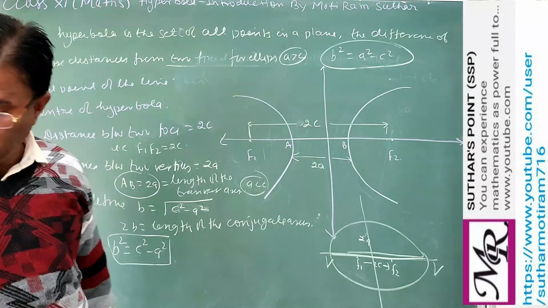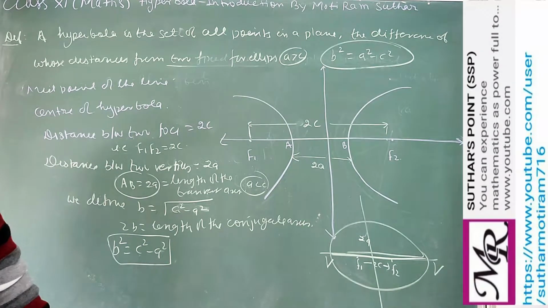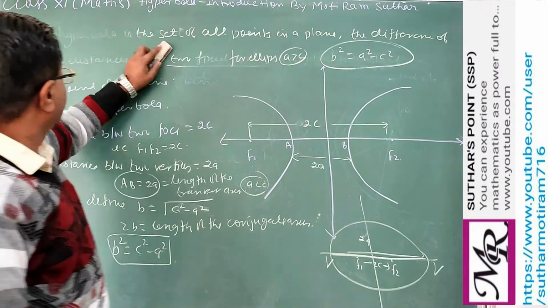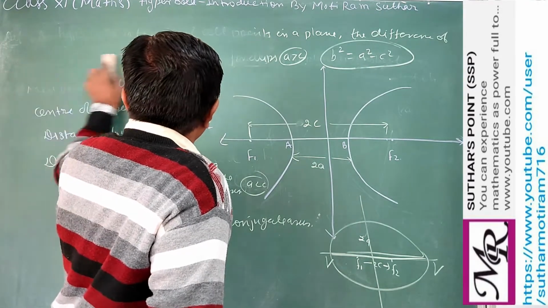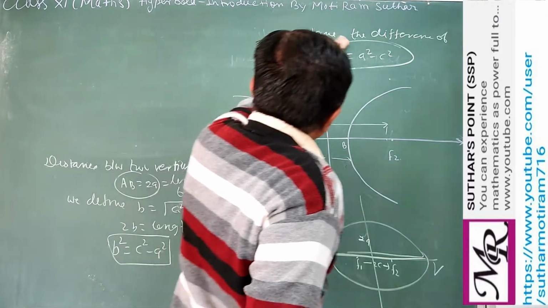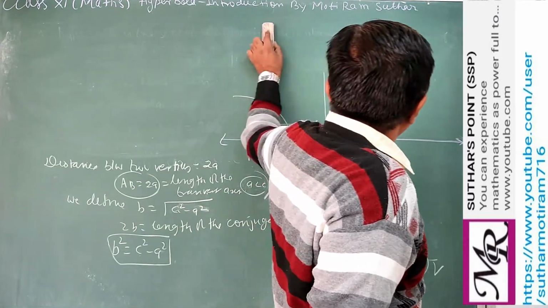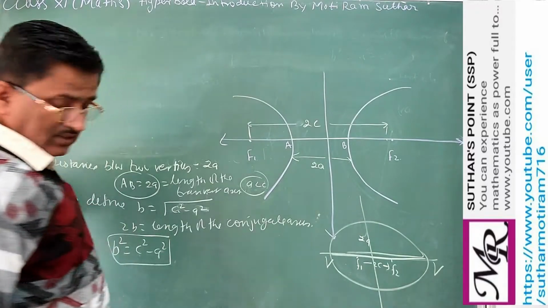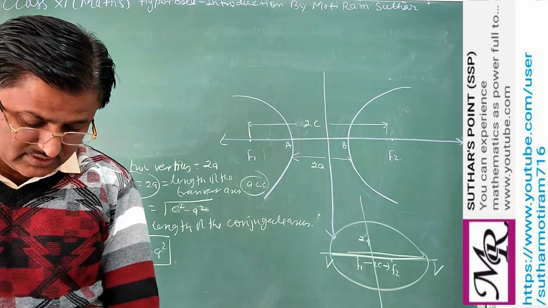Now one more thing we have to discuss here: what is the length of this constant distance? The constant distance of a point, the difference of the farther from the nearer, that we have to see. Clear?